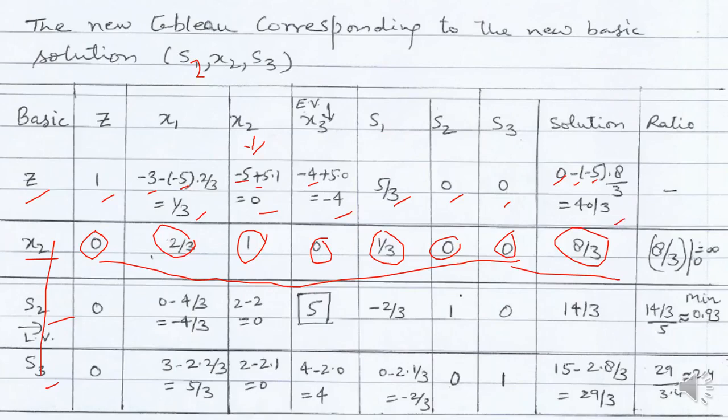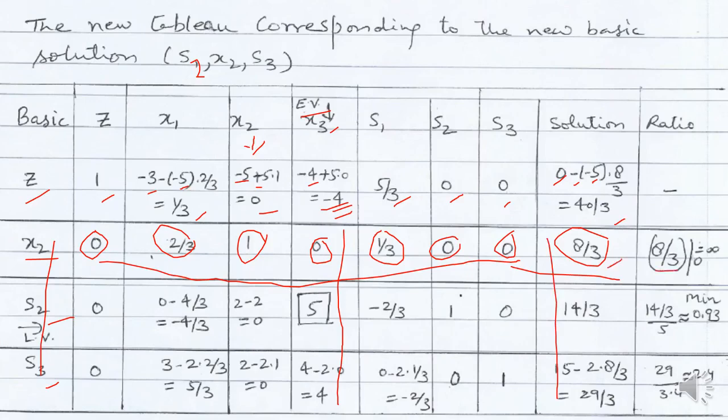Similarly, we can write down the elements of the S2 and S3 rows, which I have written here, and then we check again in the Z row which one is most negative. So we see here -4 is most negative. So this becomes our entering variable, and this column becomes our pivot column. For finding the leaving variable, we divide the solution column by the corresponding elements of the pivot column.